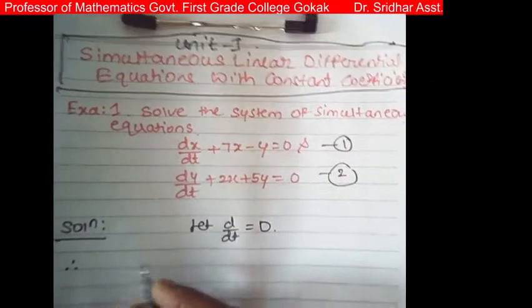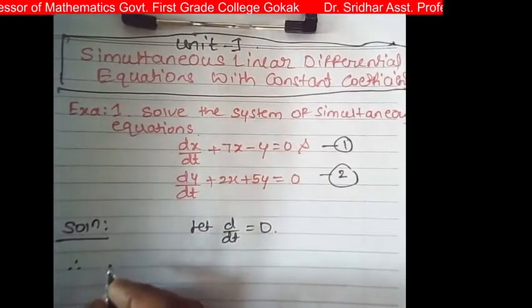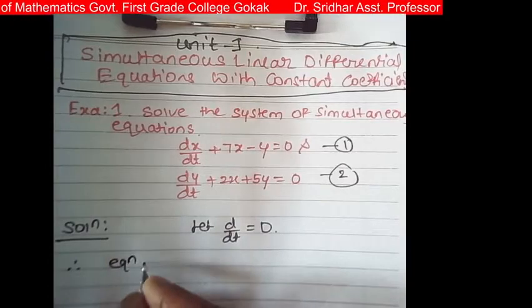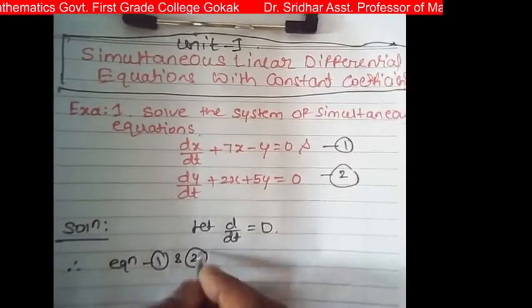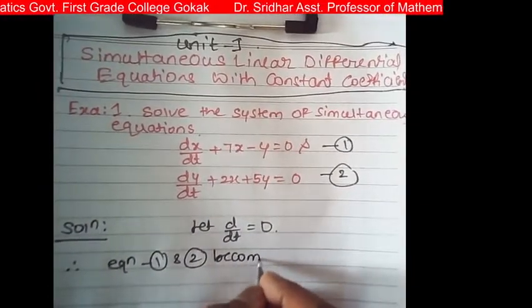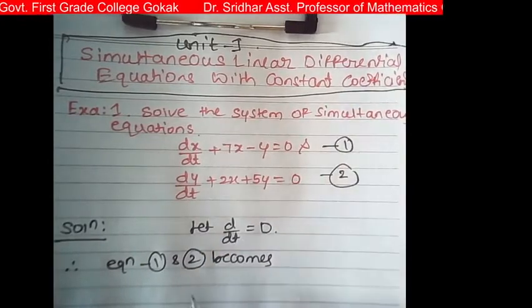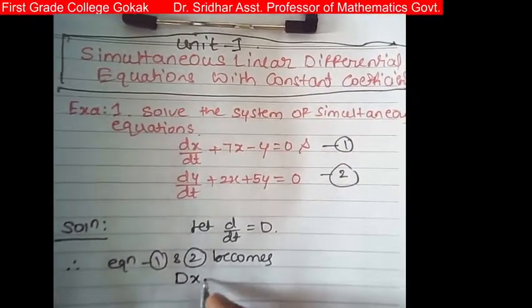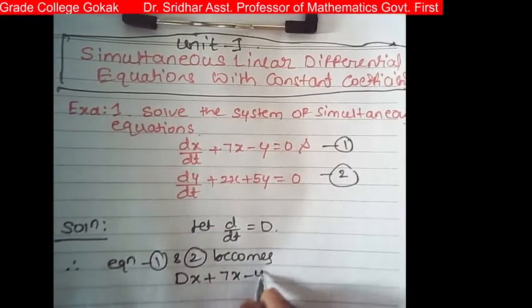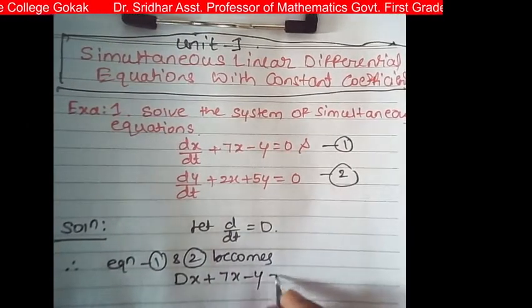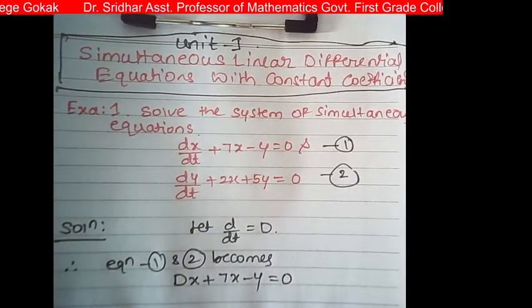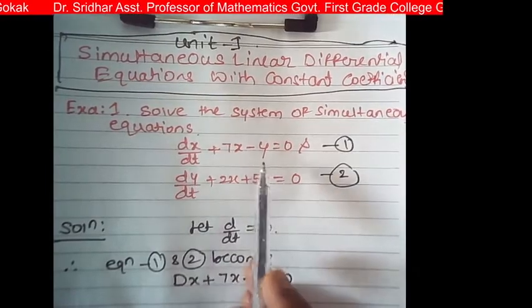Therefore, equation 1 and 2 becomes, with this substitution we get Dx plus 7x minus y equal to 0. So this is first equation.